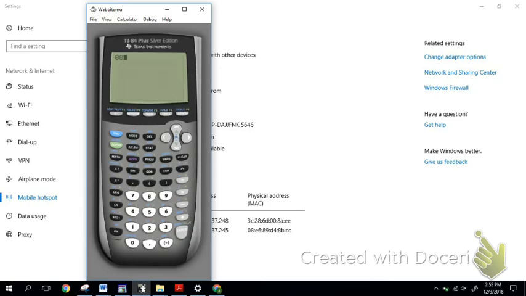To graph polar, you first have to put your calculator into polar mode. So you're going to go to your mode button right here. There are two things you have to have in here, so this is where you're going to put notes to yourself. It needs to be in radians, and you have to select polar right here.